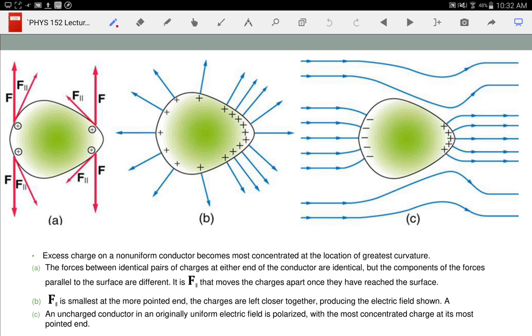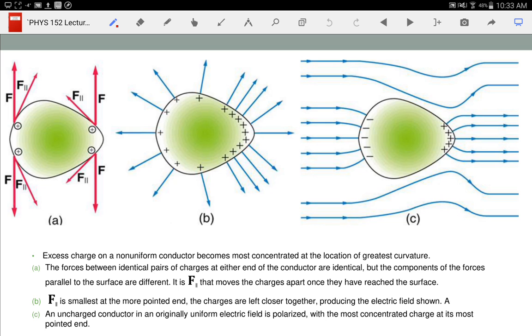Now the second picture shows you what happens if you just take charge and put it on a non-spherical, non-uniform object. What you see is the charge is distributed so where you have more curvature, you have more charge. Why do you have more charge there? Well, because of the changing direction, you need more charge to make the electric fields do that changing.